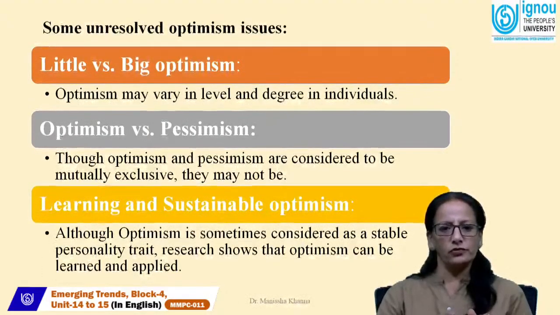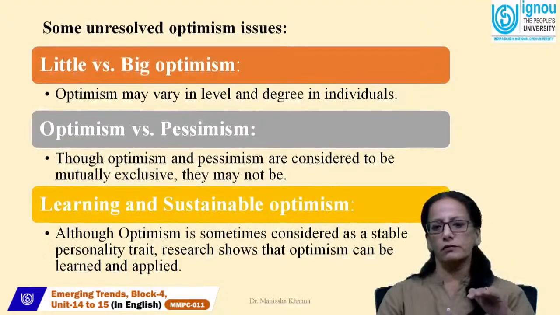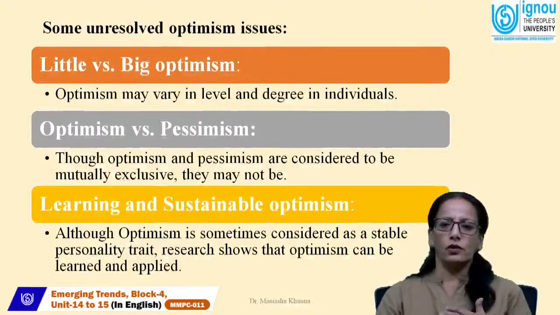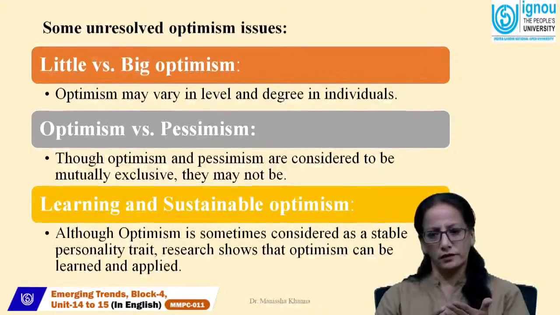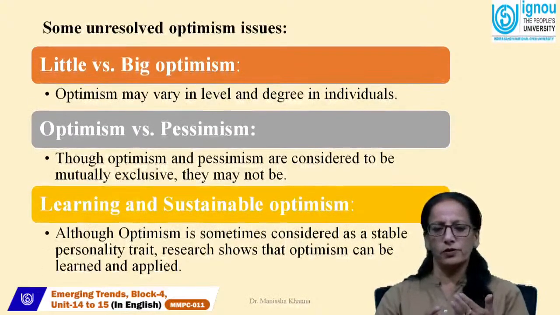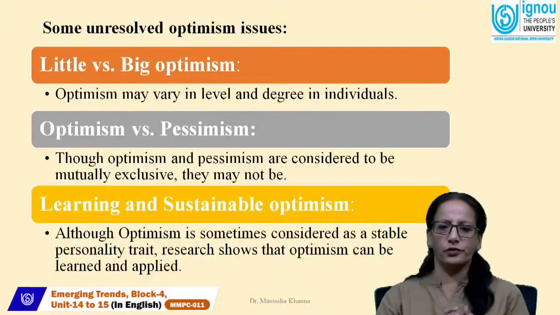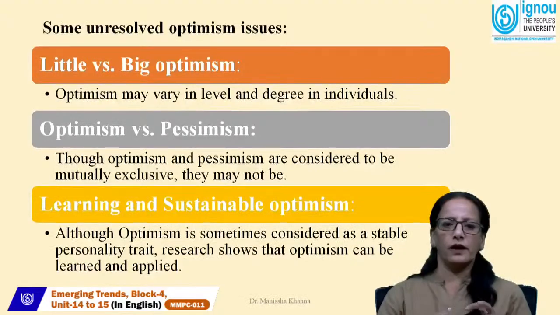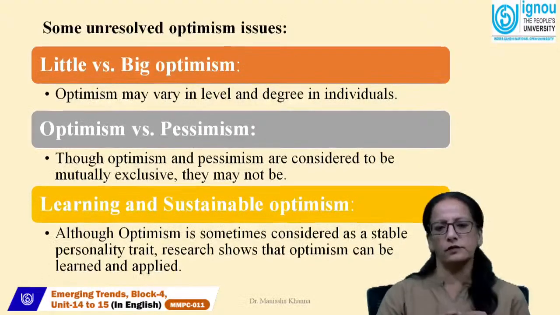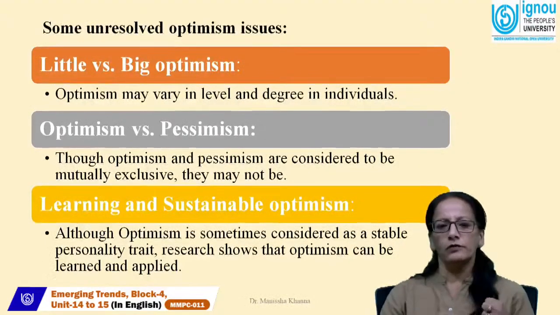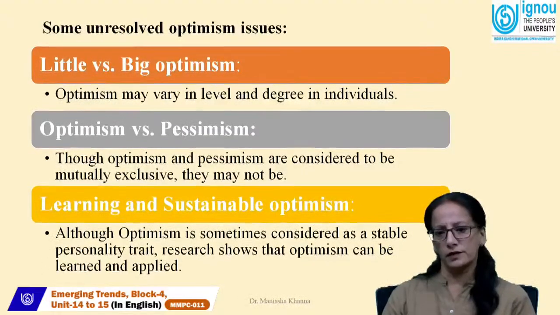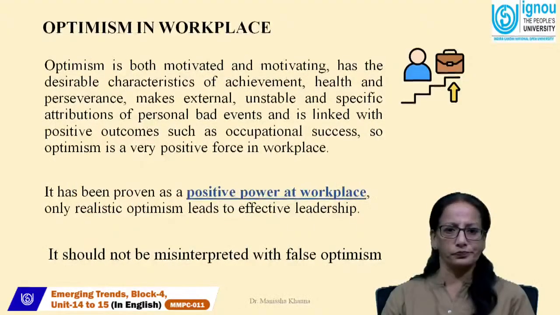The research shows it can be applied in different situations. Optimism can even be learned. One can learn from the situations, from whatever happened in their lives. So it is a learned trait, which can also be taken as a part of personality.